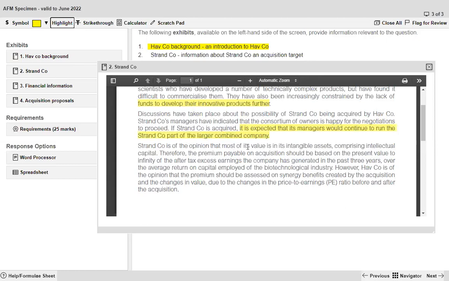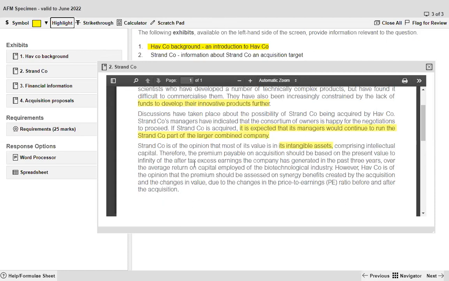Strand company is of the opinion that most of its value is in intangible assets. So what is the Strand company saying? It says that the majority of our value is in intangible assets, comprising intellectual capital.